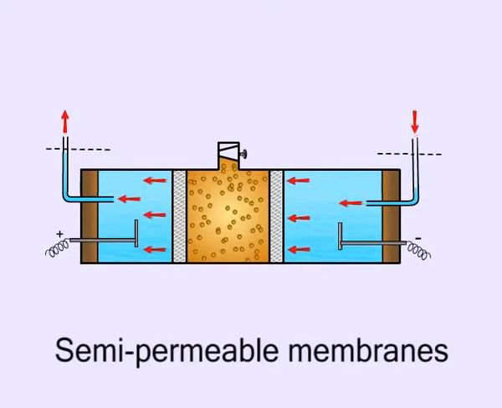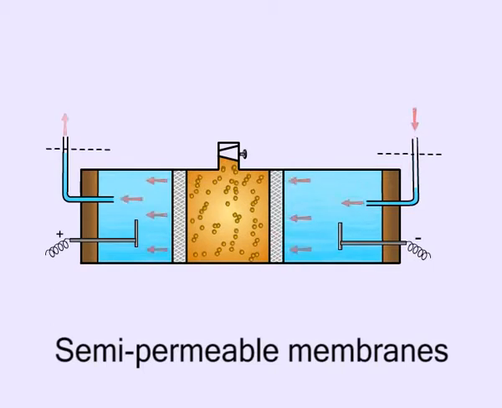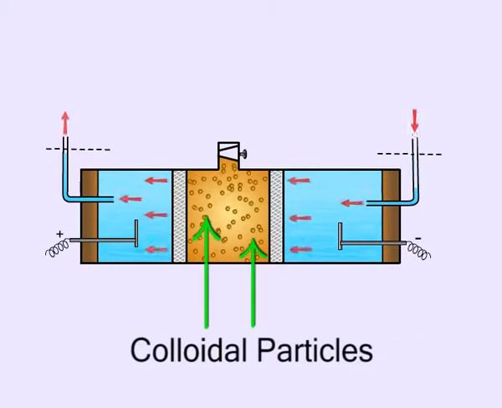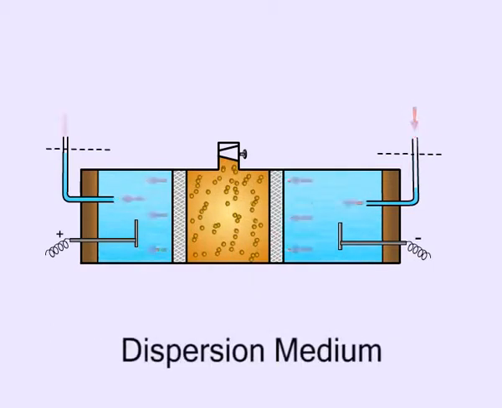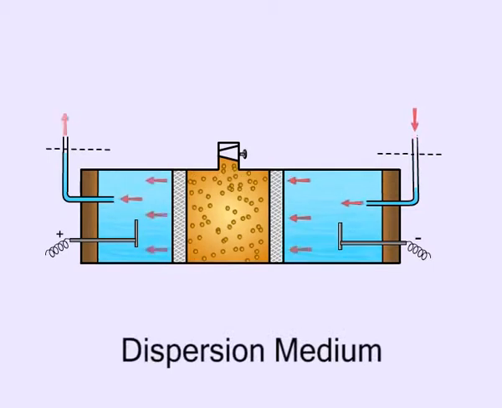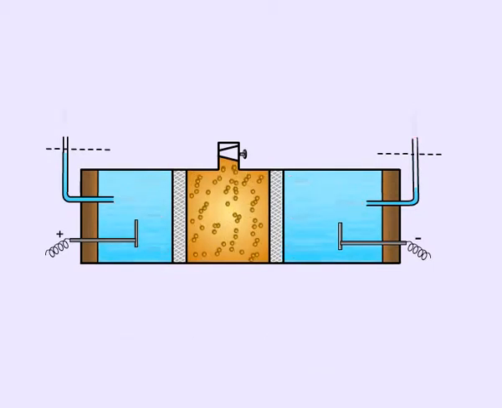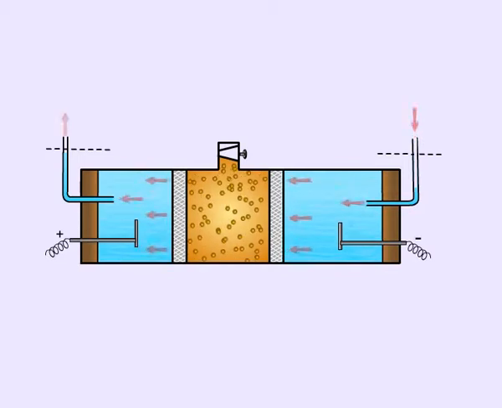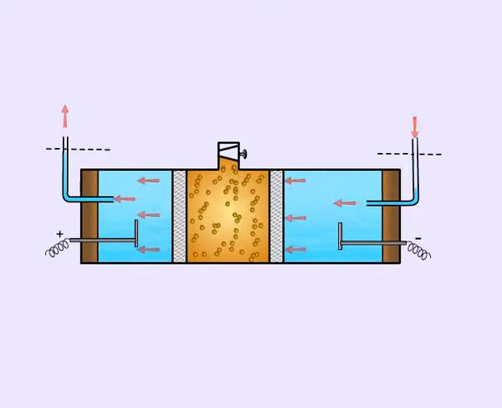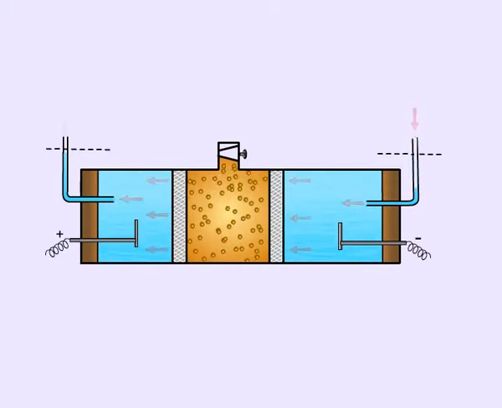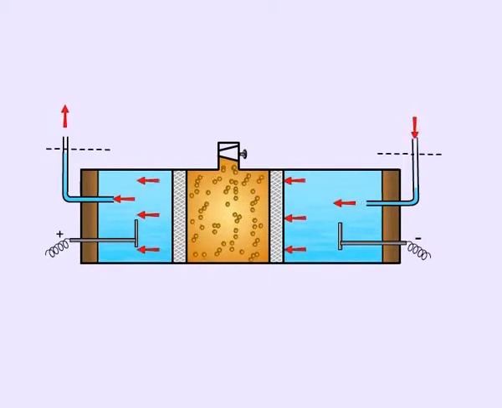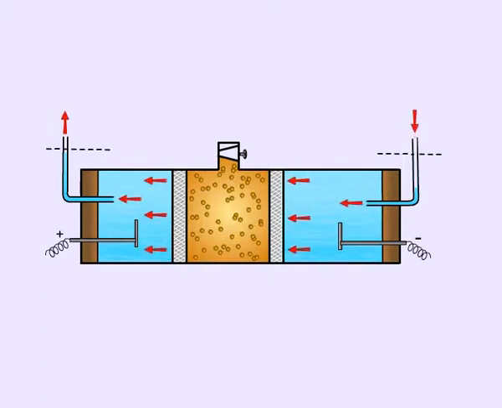Semi-permeable membranes do not allow the passage of colloidal particles. However, dispersion medium can pass through them. Therefore, during electroosmosis, colloidal particles are checked and it is the dispersion medium that moves towards the oppositely charged electrodes.